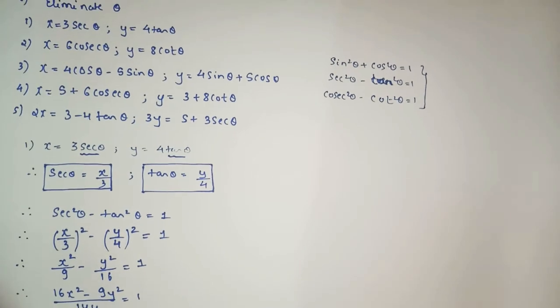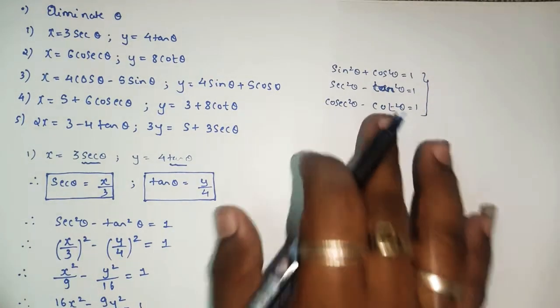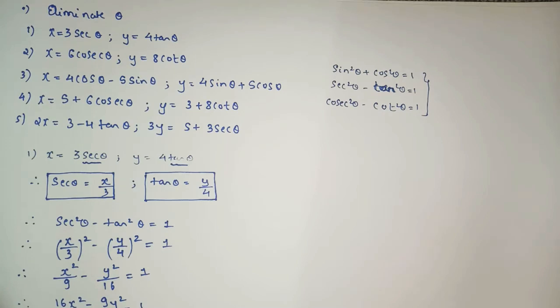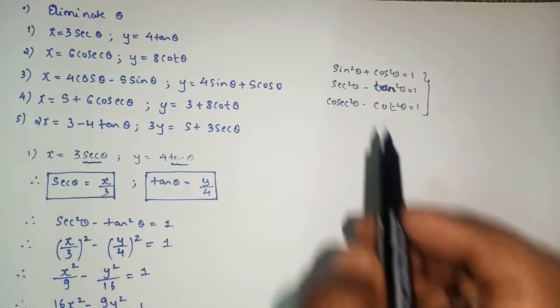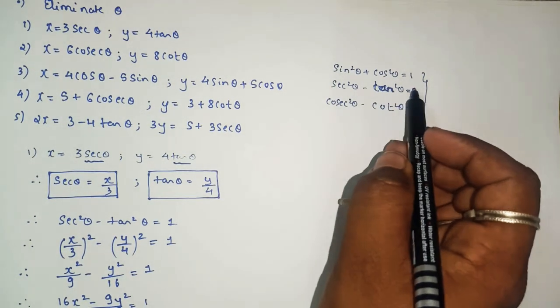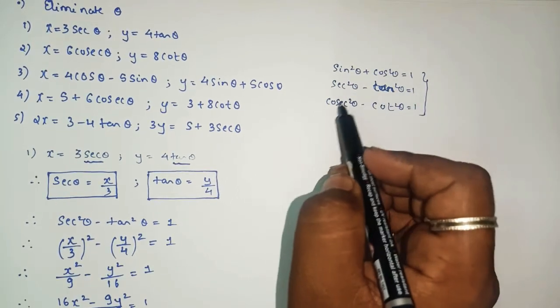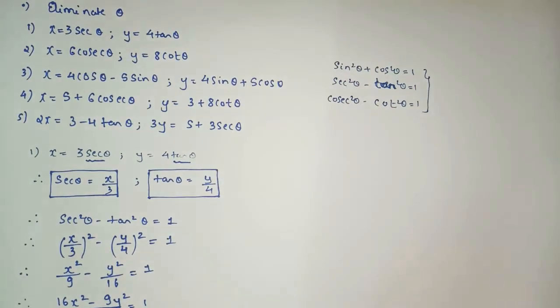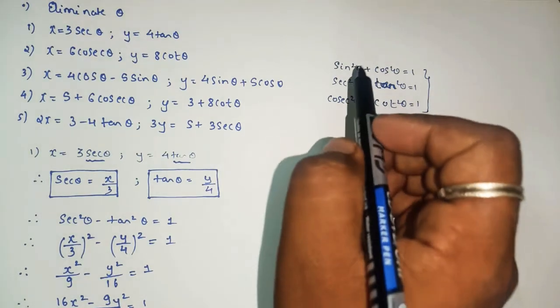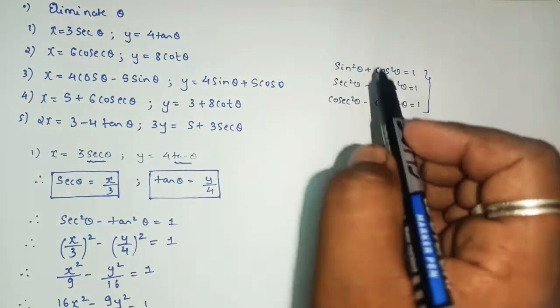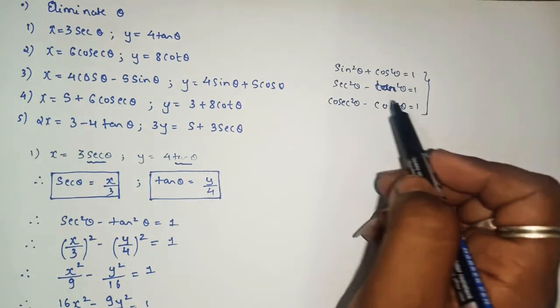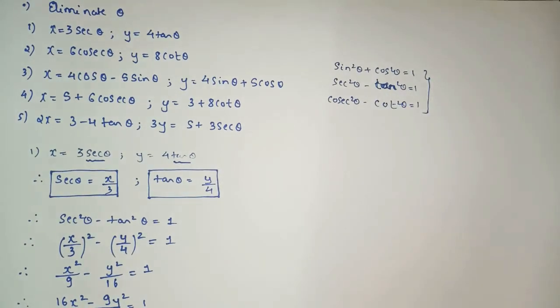So to eliminate theta, you have to use the identity formula concept: sin square theta plus cos square theta equals 1, sec square theta minus tan square theta equals 1, and cosec square theta minus cot square theta equals 1. Simply find the value of sin, cos, sec, tan, cosec, cot from the given condition, substitute the value, and you will get the answer.